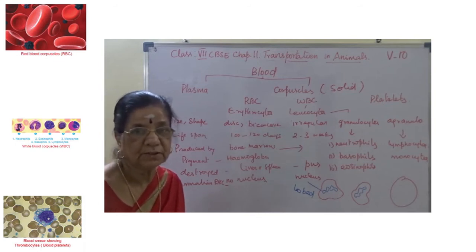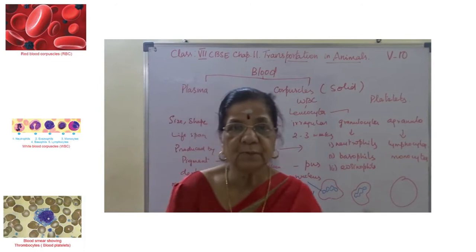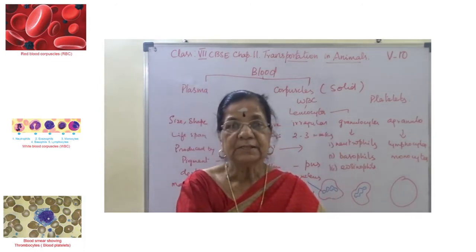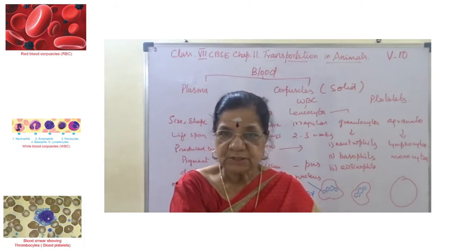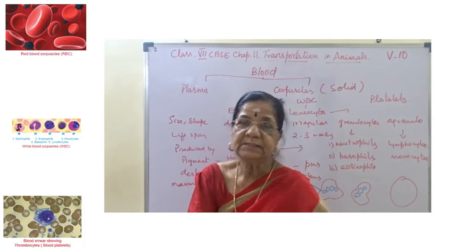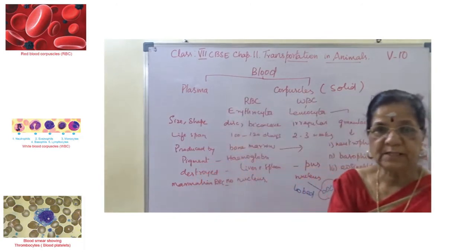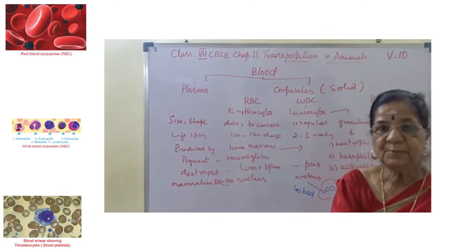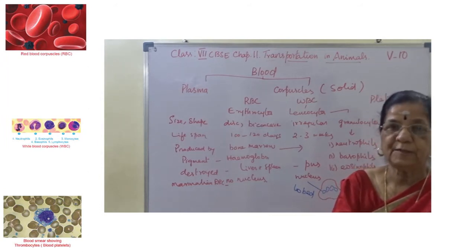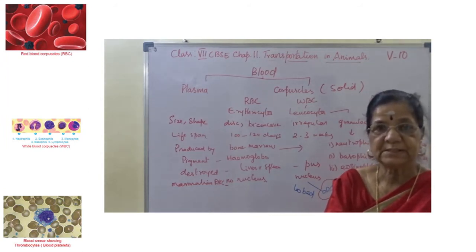What is blood clotting? When any part of the body is injured, blood is shed, and the bleeding should be stopped immediately. That is called blood clotting. Otherwise, the person will suffer from a disease called hemophilia. I hope you understand this.